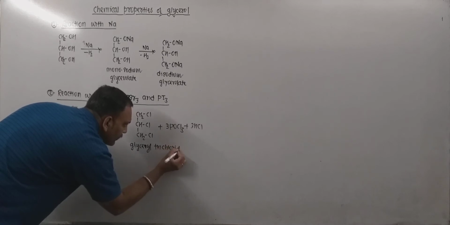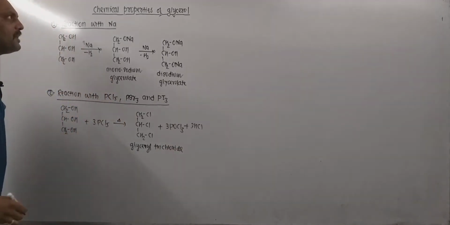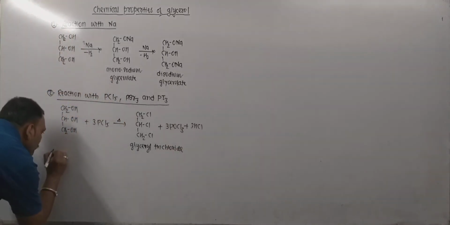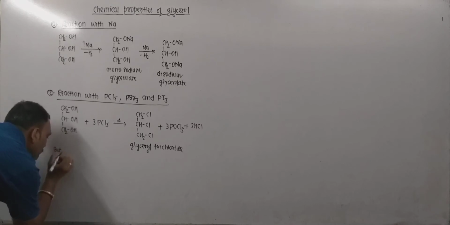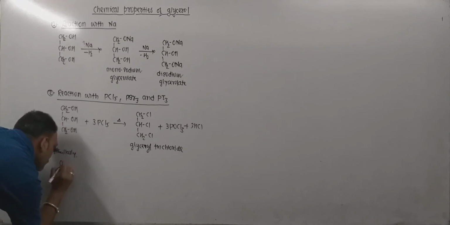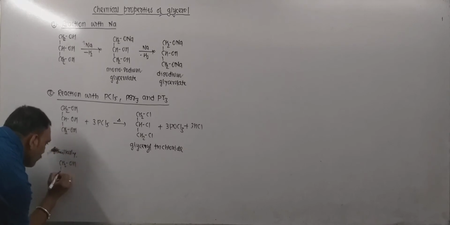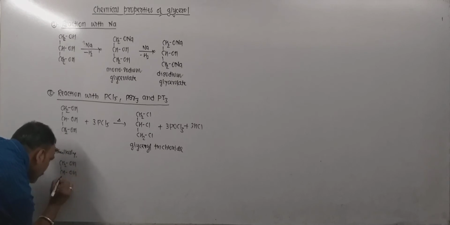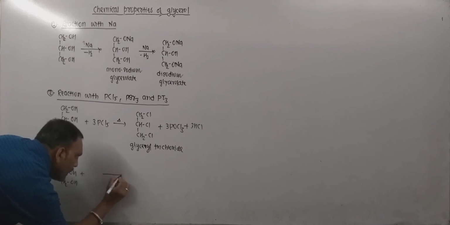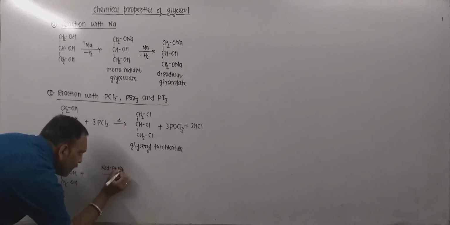trichloride. Now as far as PBr3 is concerned, remember PBr3 is to be prepared indirectly. So what we need to do, take glycerol, which is a trihydric alcohol, and it is to be heated with red phosphorus and bromine.